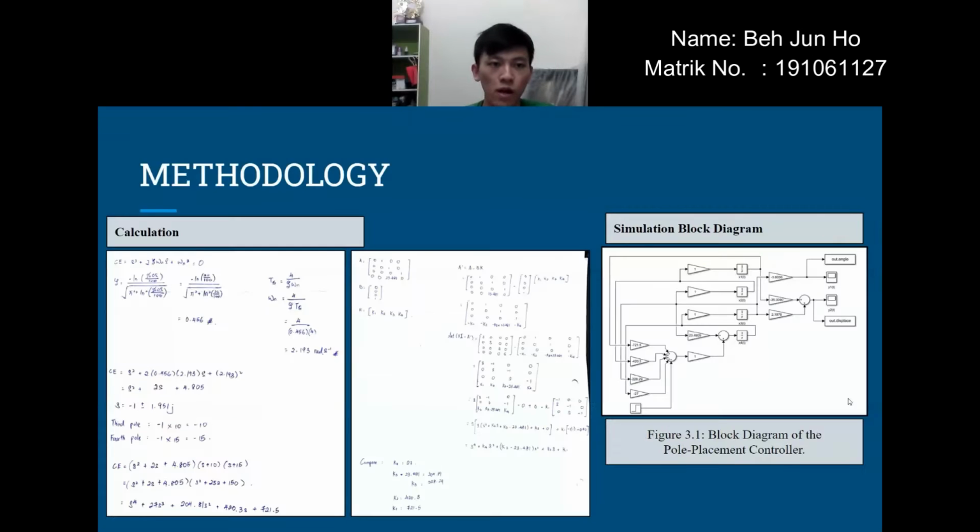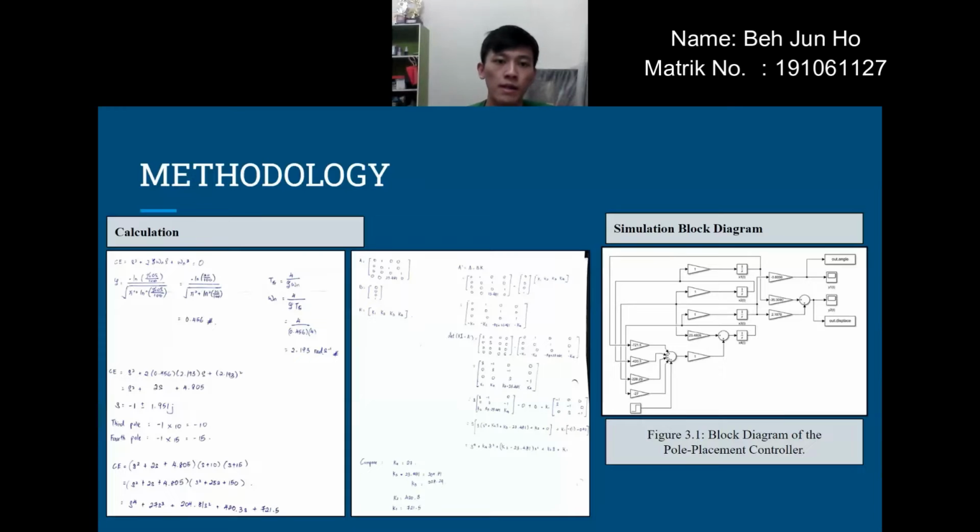After we know the specifications, we're going to calculate and generate the equation of the pole placement controller. Firstly, we calculate the damping ratio and the natural frequency. After we get these two values, we substitute them into the equation, then we get the pole placement controller equation.